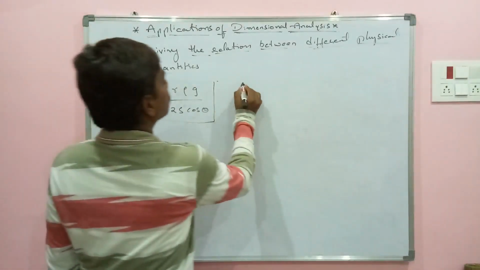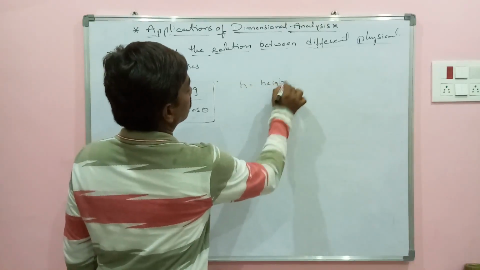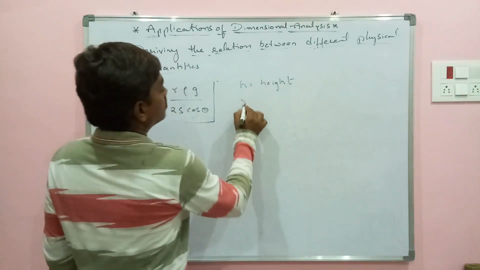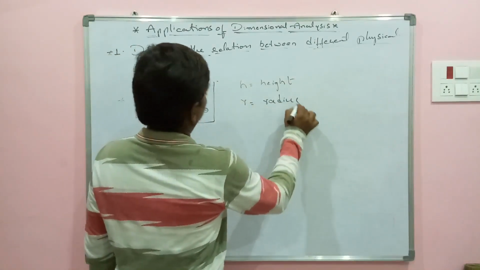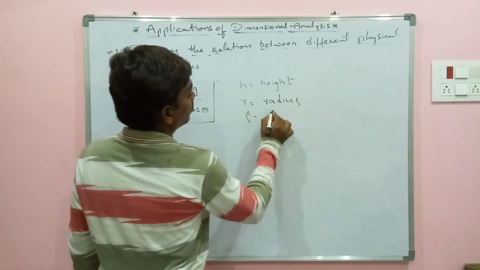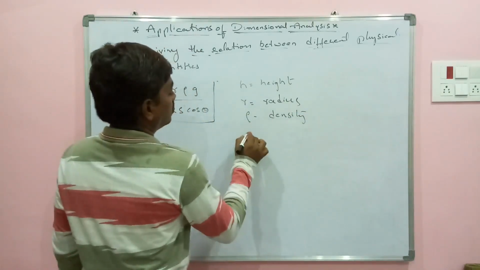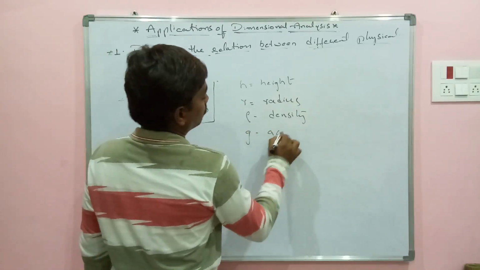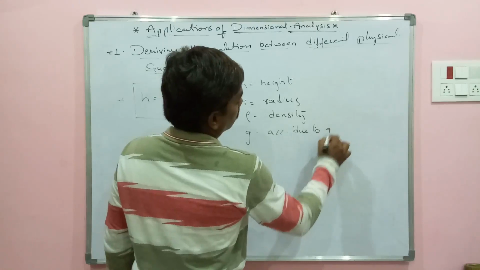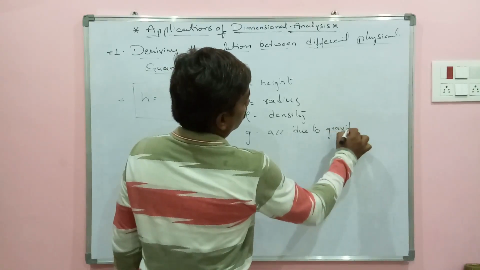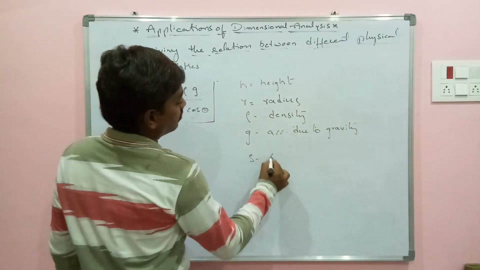I am giving the physical quantities. h stands for height, r stands for radius, rho stands for density, g stands for acceleration due to gravity, and S stands for surface tension.